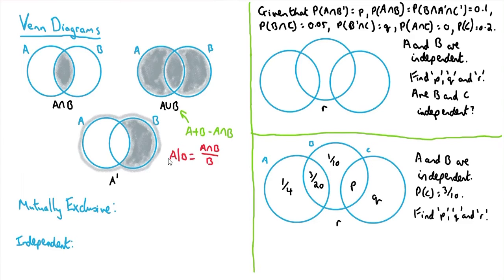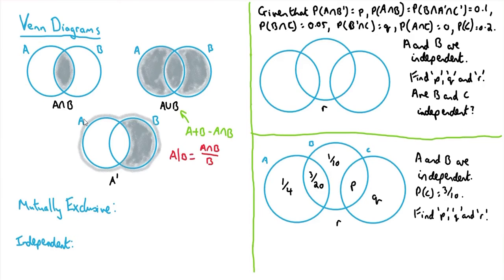So in this case, if we had A given B, you wouldn't be looking at the entire diagram anymore. You would just be looking at the circle B, and then within B, you'd be saying, okay, which part of that is also inside A? So in this case, that would again be just the intersection, but would be ignoring the outside and this part of A here.